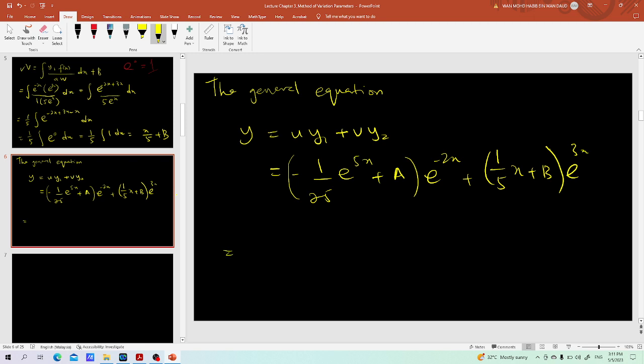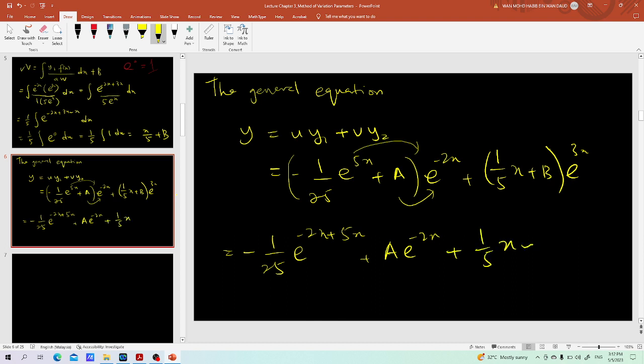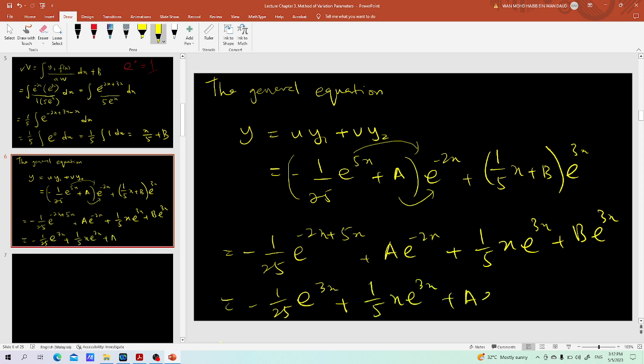Then we expand this equation: negative 1 over 25 e^(-2x+5x) plus a e^(-2x) plus 1 over 5 x e^(3x) plus b e^(3x). So we will have negative 1 over 25 e^(3x) plus 1 over 5 x e^(3x) plus a e^(-2x) plus b e^(3x).